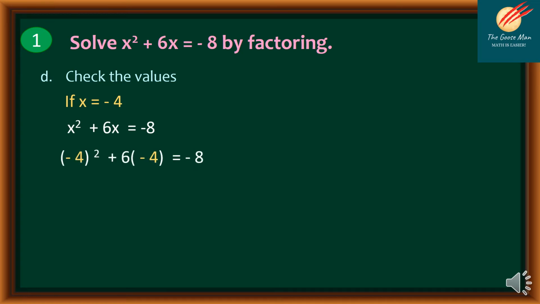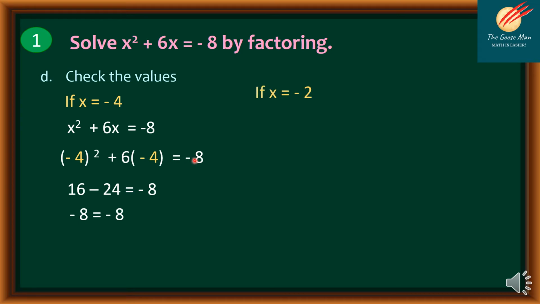By doing so, we have negative 4 squared plus 6 times negative 4, is it equal to negative 8? Take note that negative 4 squared is equal to 16 plus 6 times negative 4. Is it equal to negative 8? So 16 minus 24 will result to negative 8 is equal to negative 8. So we get it correctly.